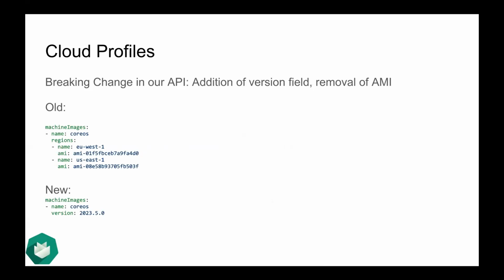We now have this new, more declarative API that specifies the mapping between name and version. And if you're now asking yourself, who's mapping the version to the AMI? As said, that's now part of this worker controller. And if you want to have this correctly set up, you're going to have to correctly configure your worker controller to contain this mapping between version and AMI.